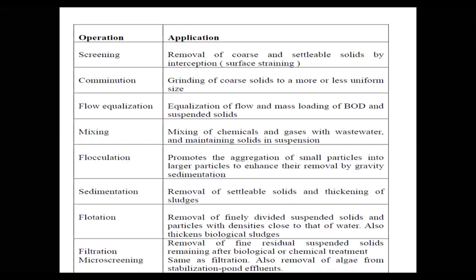Keep on writing what I am telling. Sewage treatment plant, or STP. Understood? Water treatment plant, WTP. Wastewater treatment plant, WWTP. STP is the sewage treatment plant. And for industrial wastewater, whatever the treatment plant, that is ETP, sorry: capital E, capital T, capital P. So write down this chart.